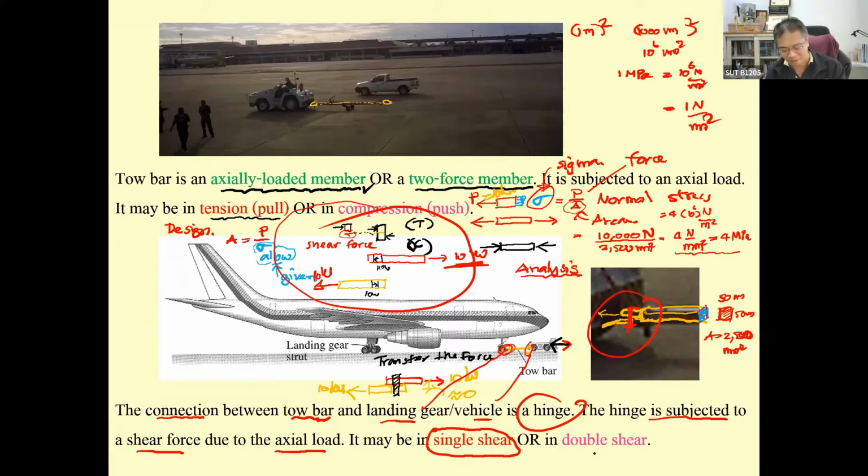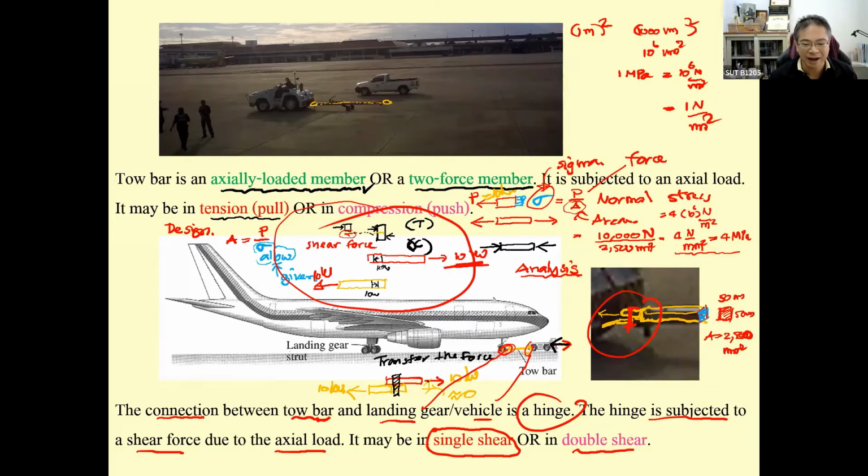This is going to be so tough. Something like this. There is one plate, 10 kilonewton, and there are two plates on this side. It's going to take 5. And then you can see, there are going to be two cuts. By doing this kind of thing, we're going to call this one the double shear.